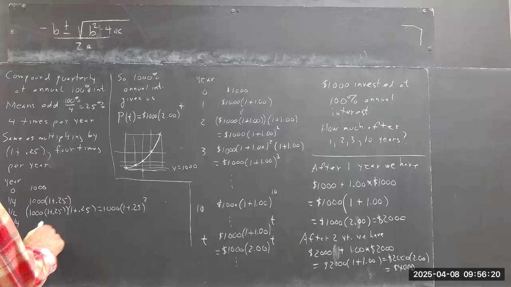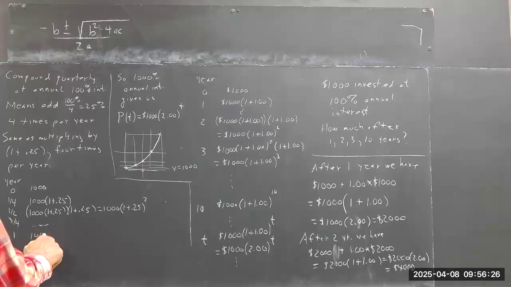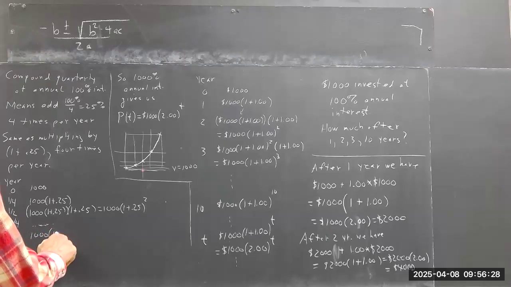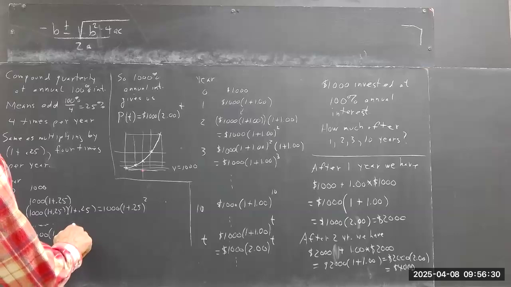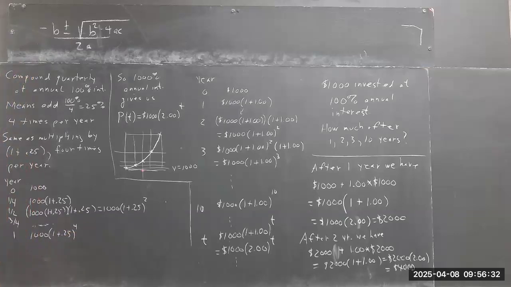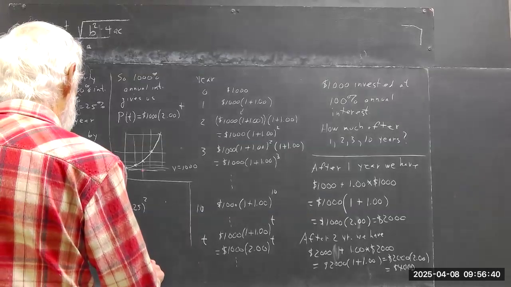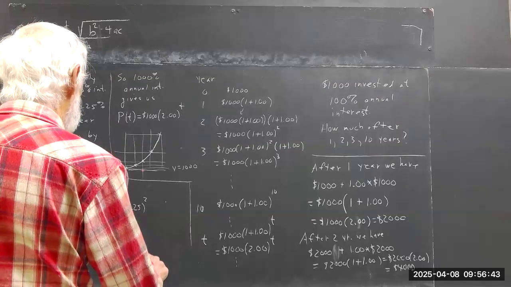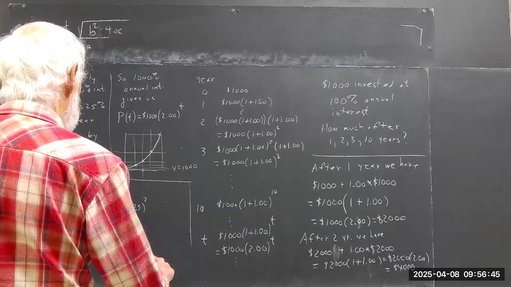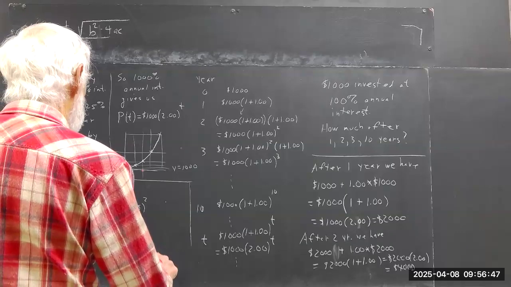And then we multiply again. I'm not going to write it out for 3/4, but at the end of a year, you have 1,000 times 1 plus 0.25 to the 4th power. Now I can sort of calculate that. 1 plus 0.25, of course, is 1.25 to the 4th.